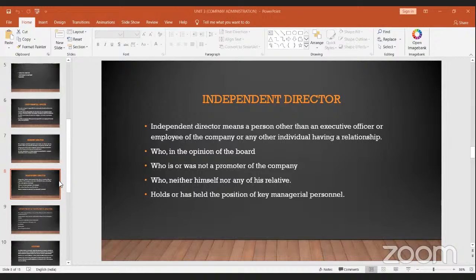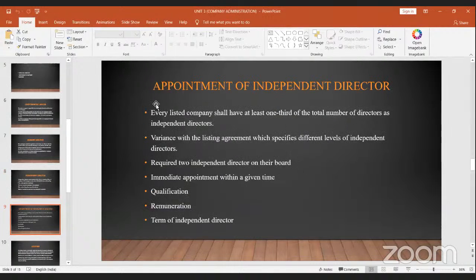Okay. And also the appointment of the independent director. Every listed company shall have at least 1/3 of the total number of directors as independent directors. So for example, out of three, one should be an independent director.